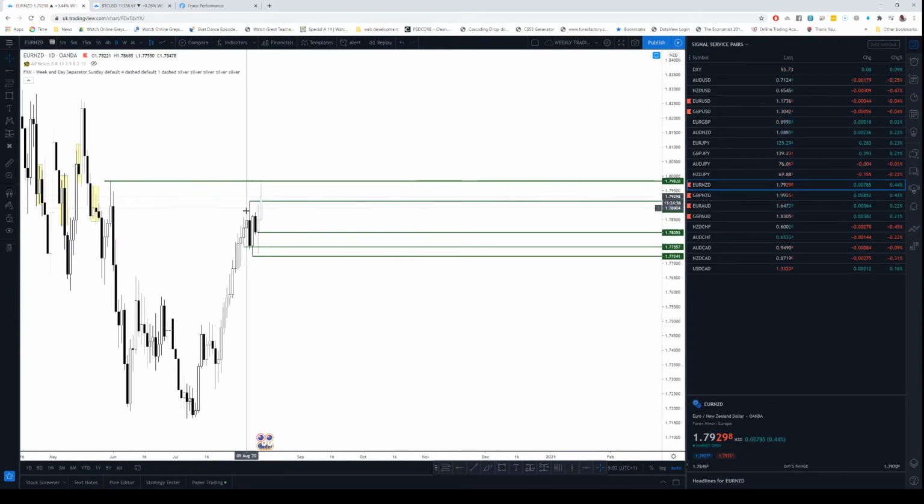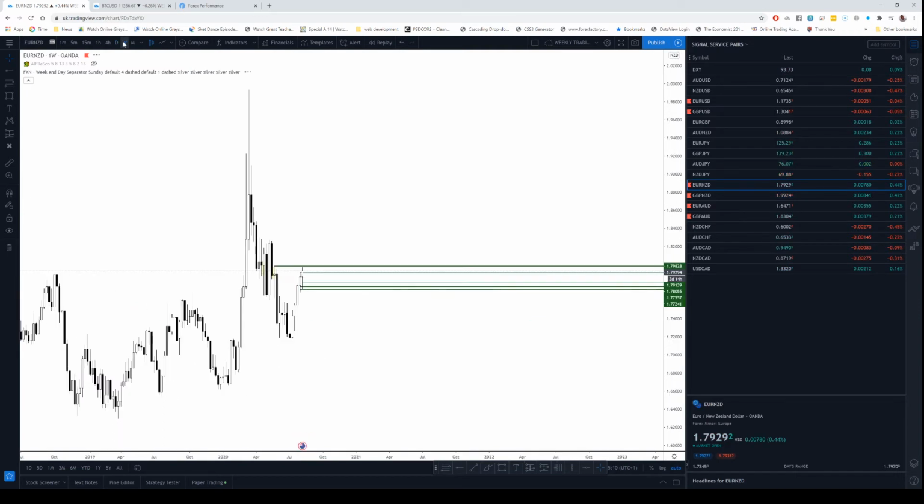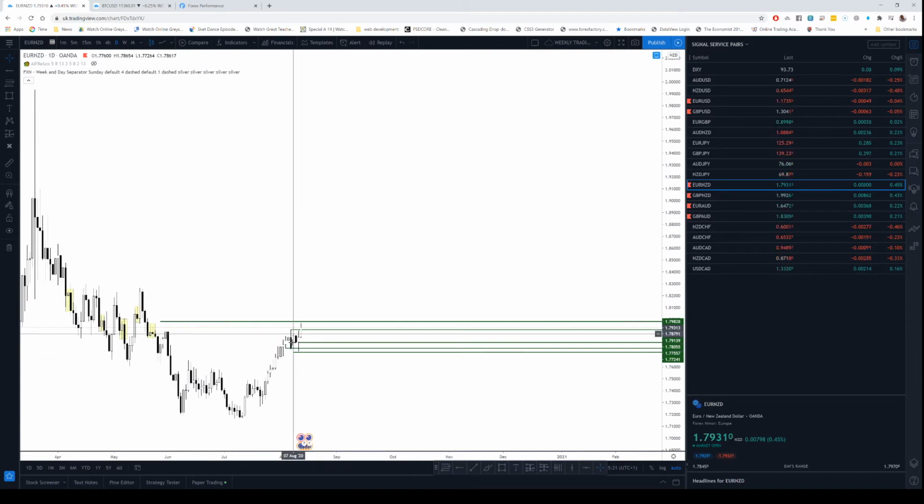Euro New Zealand, I think we've managed to close above the daily down candle. So we will see a continuation to the upside. Let's see on the weekly. It's been a bit tricky on this one, because on the daily we got stuck in this range. I think what has happened now, we call it reaccumulation in the middle of a bull trend.